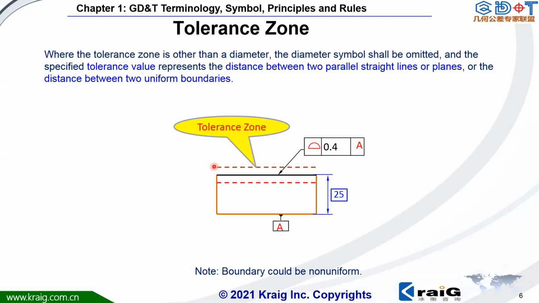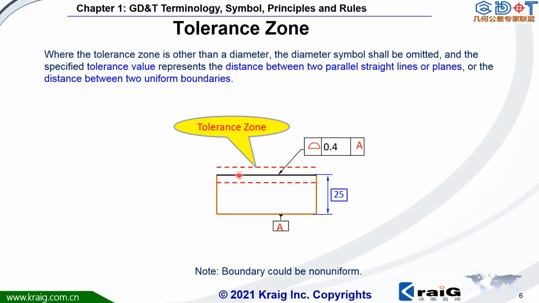There's a flat surface here. There's another flat surface here. These two surfaces are parallel to each other, 0.4 millimeters apart from each other.